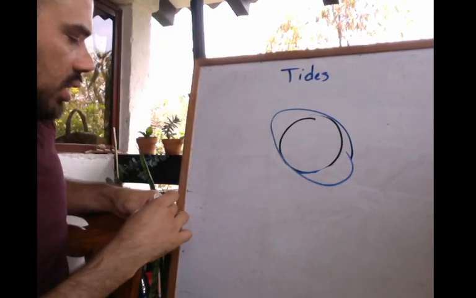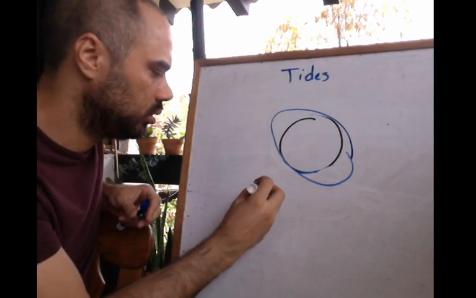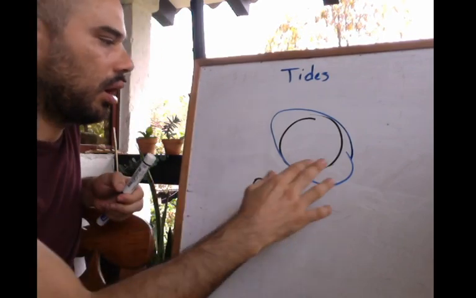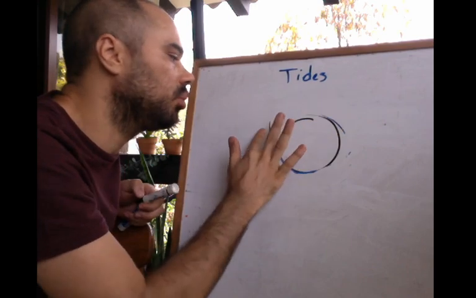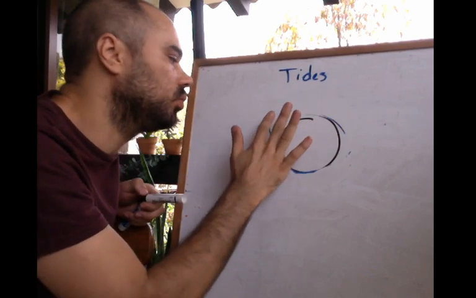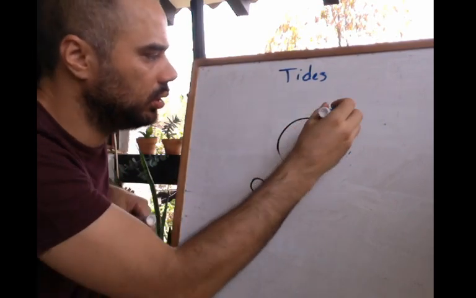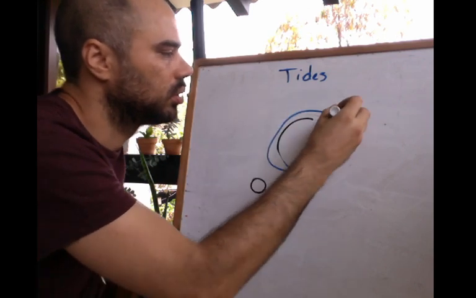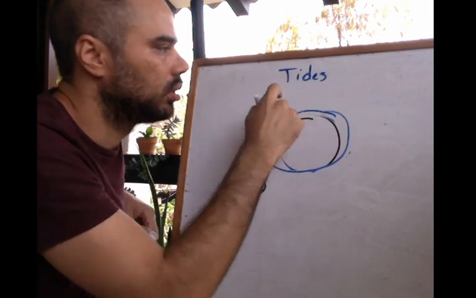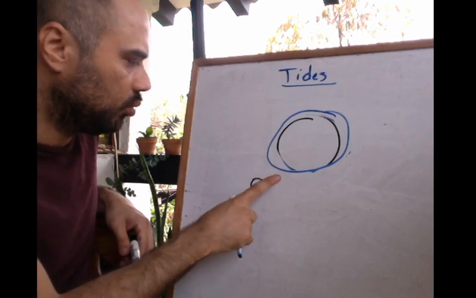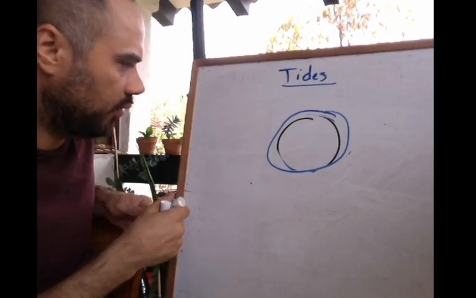When the moon is over here, then the tide is going to change with the moon. So we can see that around the world, tides are changing. They are following the moon.